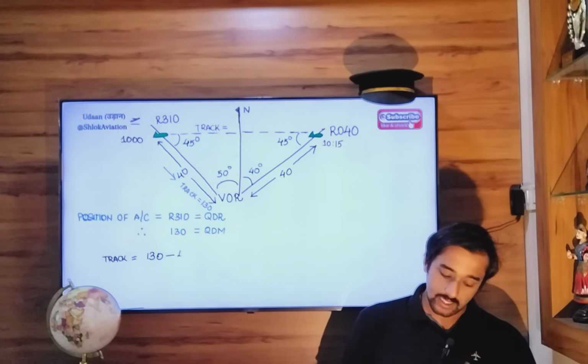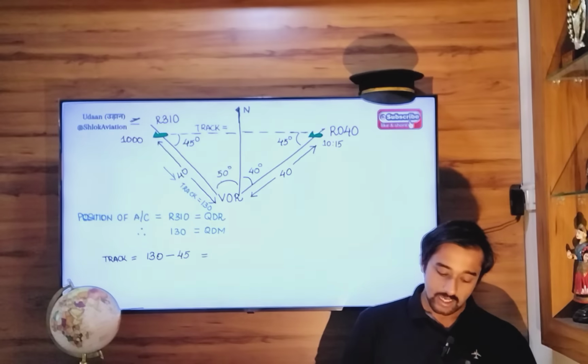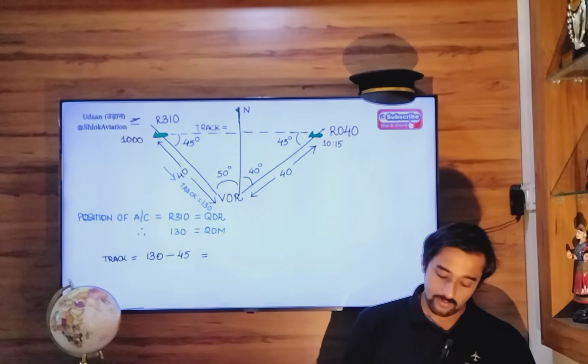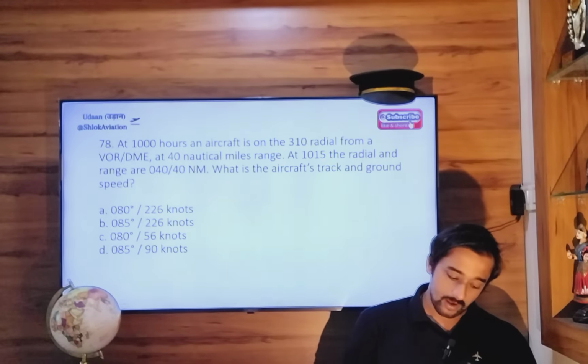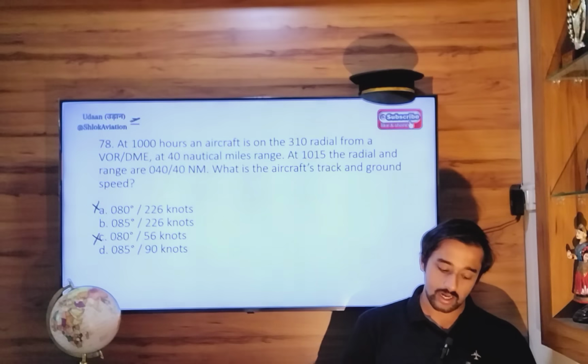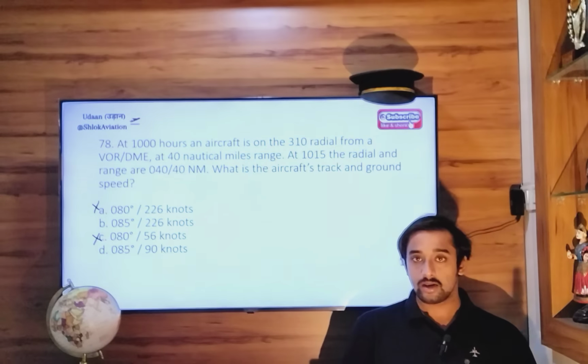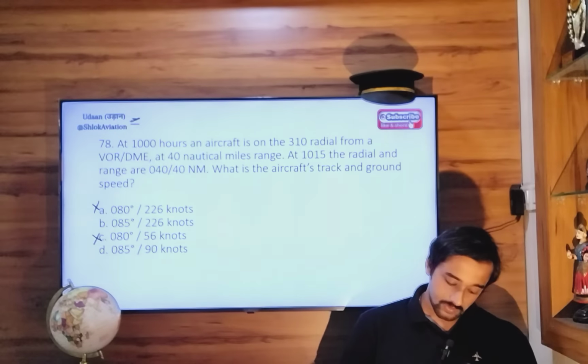Therefore minus, left-hand sides are minus. So 130 minus 45 is 085. So the track of the aircraft is 085. So eliminate options A and C. B and D are your possible options.